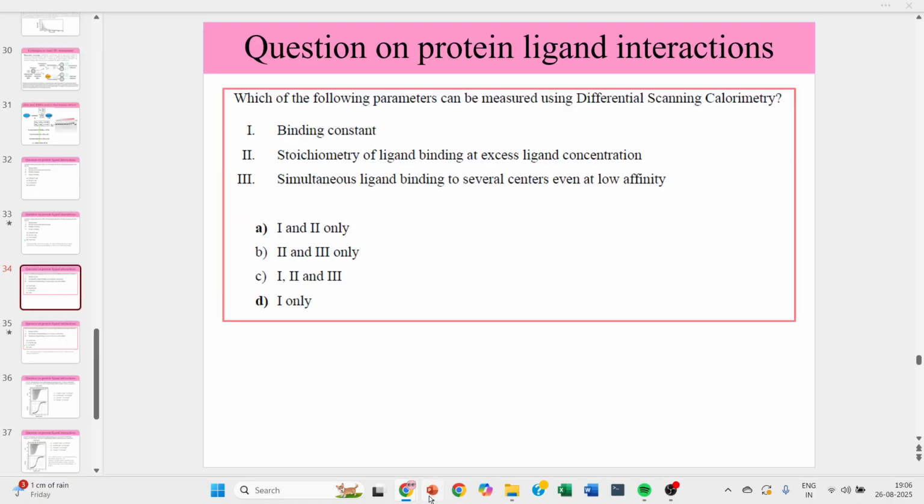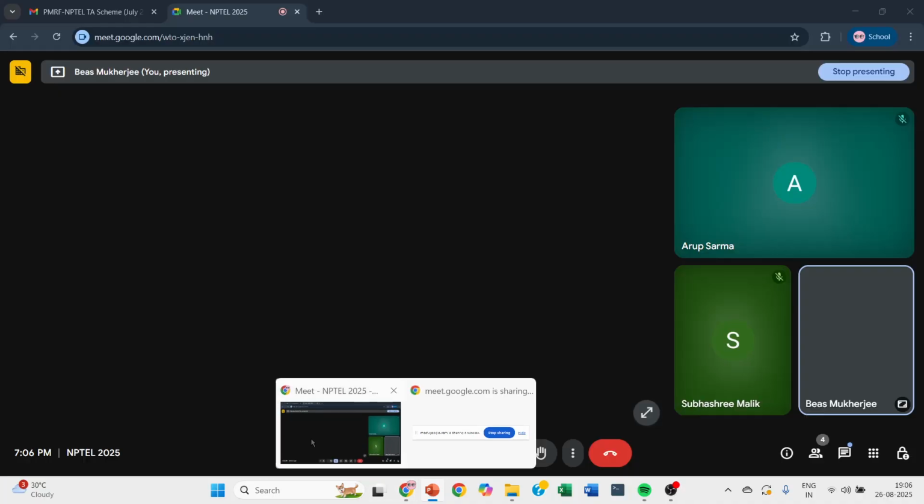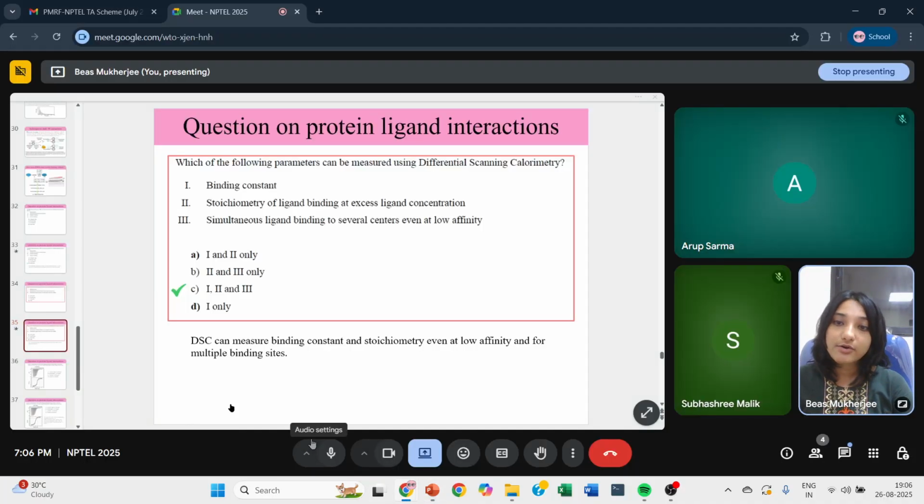You can read about this. I will not expect you to answer this question because we did not discuss this in class yet. Okay, so DSC can measure binding constant, and stoichiometry even at low affinity for multiple binding sites. So all three can be known from differential scanning calorimetry. Okay.